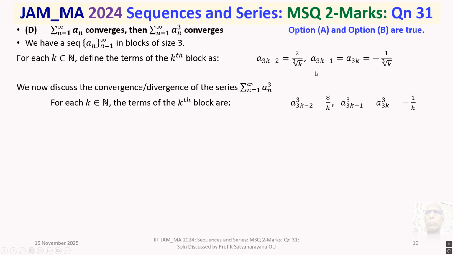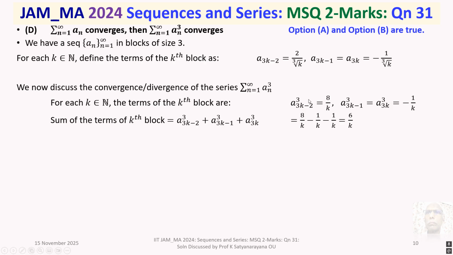Take this, cube it, take this, cube it, take this, cube it. So 8 by k, minus 1 by k. Now, the sum of the terms in the kth block, that is a_{3k-2} cubed plus a_{3k-1} cubed plus a_{3k} cubed.